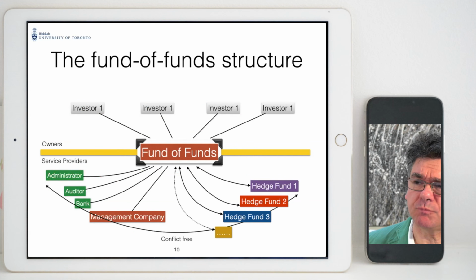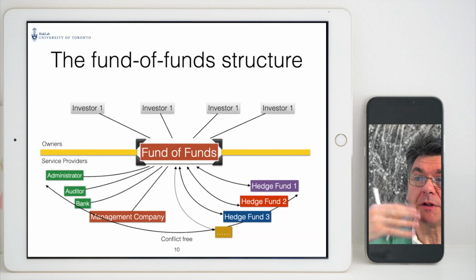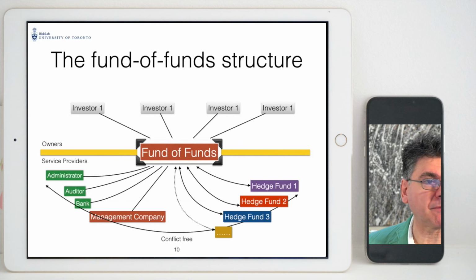The thing is, when you're constructing investment vehicles, you can have investment products that invest in other investment products. They are called fund of funds. And this is one example. And now, from an investment perspective, it's clear what it is. From a legal perspective, it's clear what it is. But how do you do this?